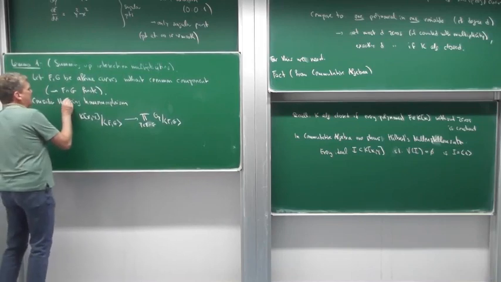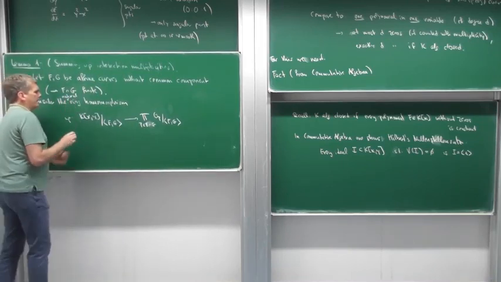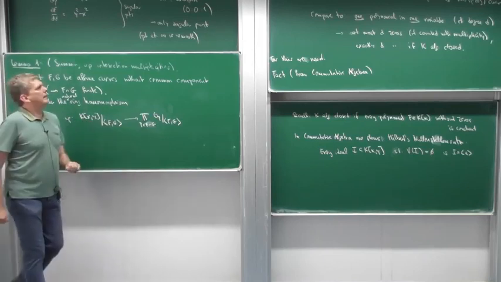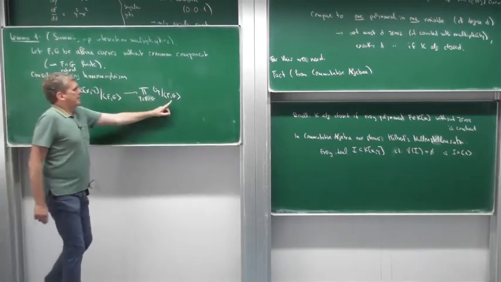We can call it the natural ring homomorphism, mapping each polynomial to the corresponding element considered as an element in the local ring.